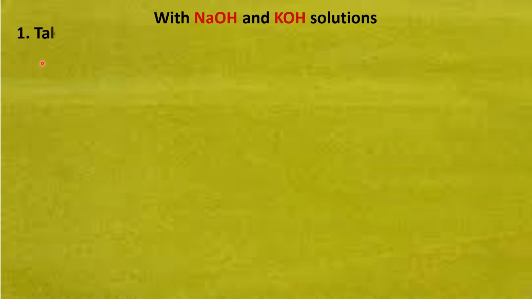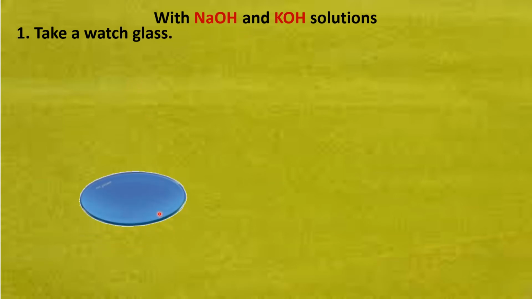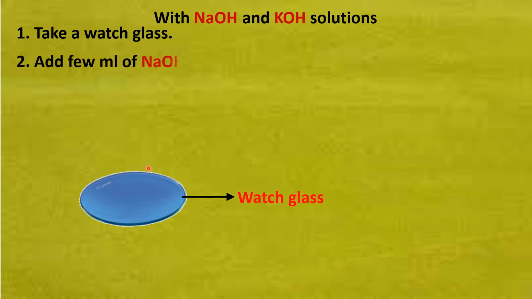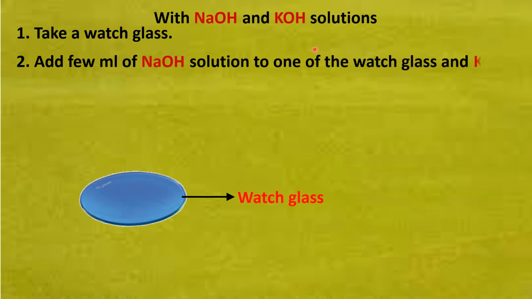First, take a watch glass for both of them. Yes, this is the watch glass. And what we have to do next? We have to add a few ml or a few drops of the sodium hydroxide solution to the watch glass. First we'll take sodium hydroxide solution in this, and later on we'll take potassium hydroxide solution in the other watch glass.